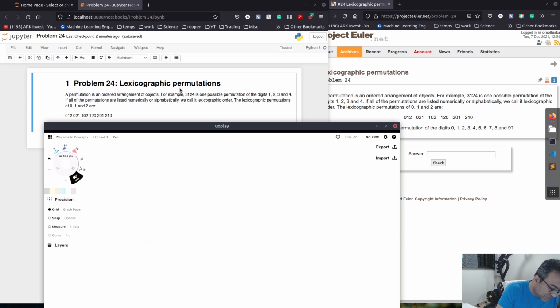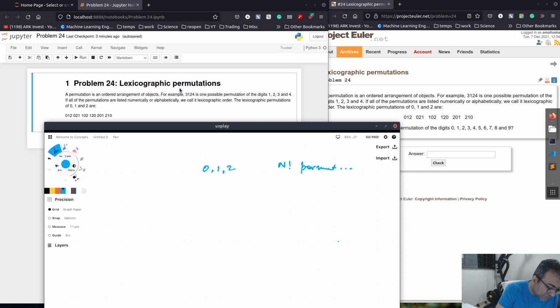Okay, so we have, let's talk about 0, 1, and 2. So how are we able to write it? So first of all, how many permutations are there? If we have n numbers, we have n factorial permutations. Why?